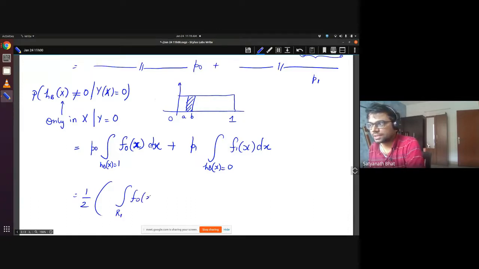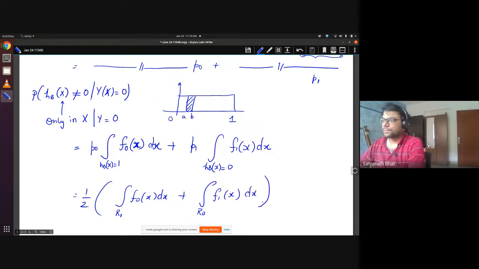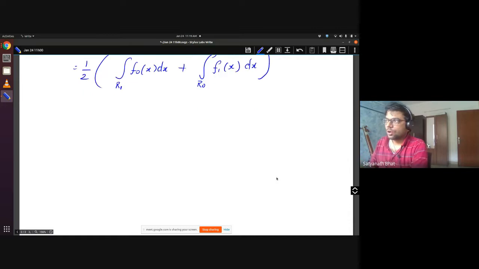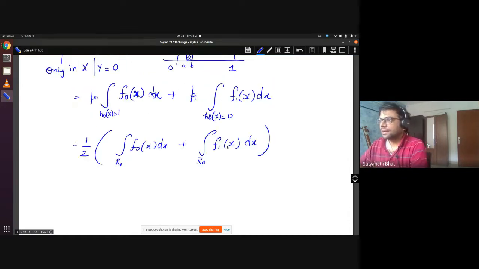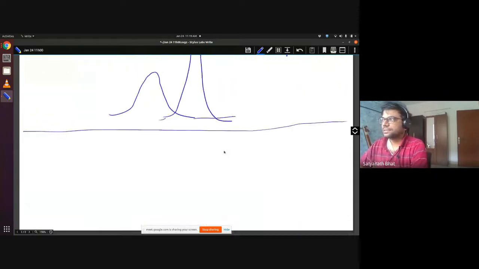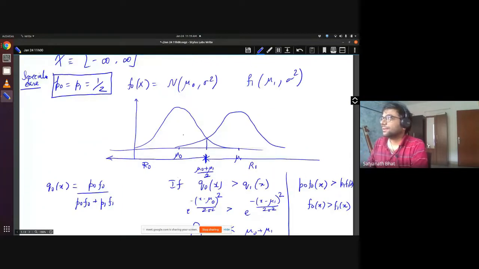R1 F0 of x dx plus R0 F1 of x dx. Okay, and let me just draw all of these things that we had represented earlier, just so that we can look at R0 and R1 properly.